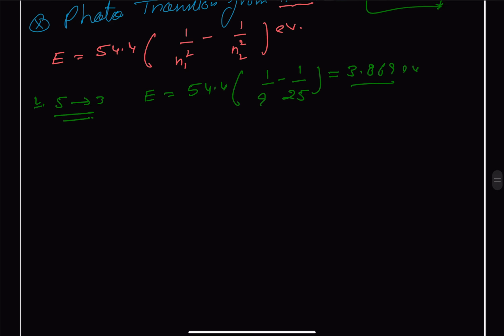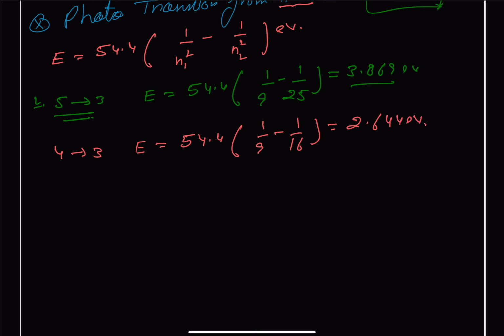So next is from 4 to 3, we can say our E is equal to 54.4, and we have 1/9 minus 1/16. This gives us 2.644 electron volt.